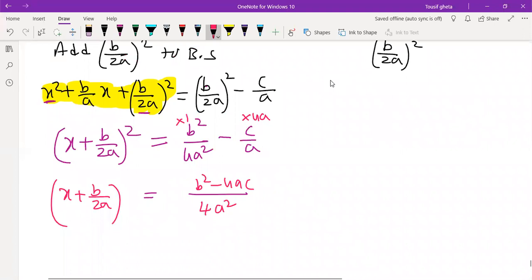Now we will shift this square as a square root.